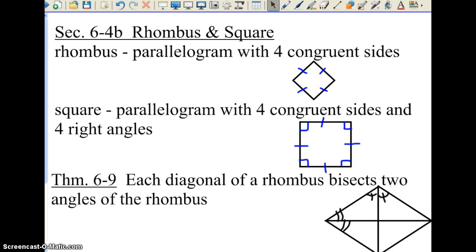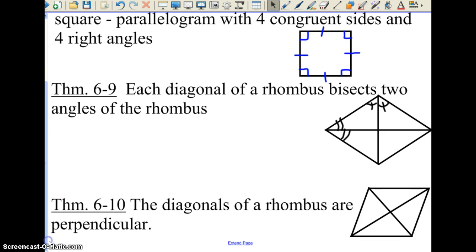I need to go back for a minute. I forgot something. Well, it's also interesting in 6.10, the diagonals of a rhombus are perpendicular. So they create a 90-degree angle. They're not only perpendicular, they also bisect, so these sides are going to be equal as well.